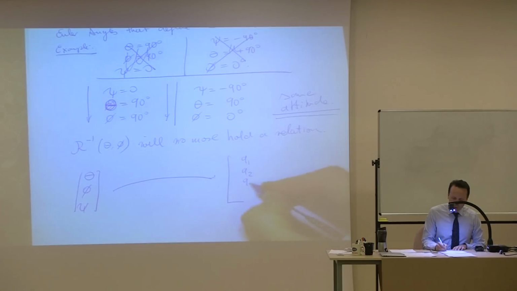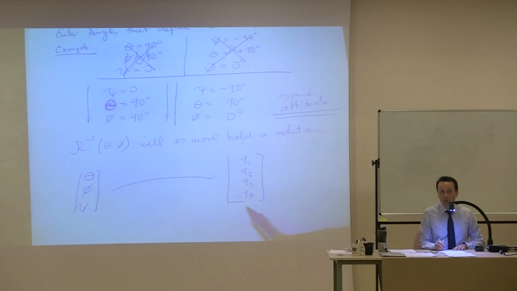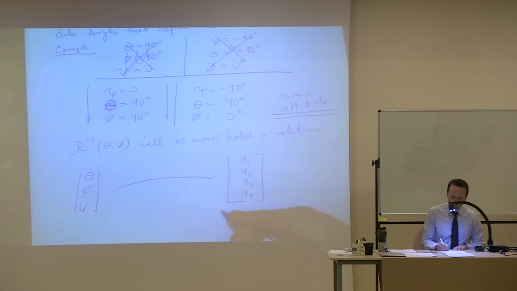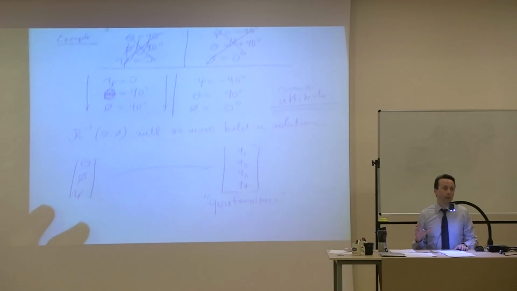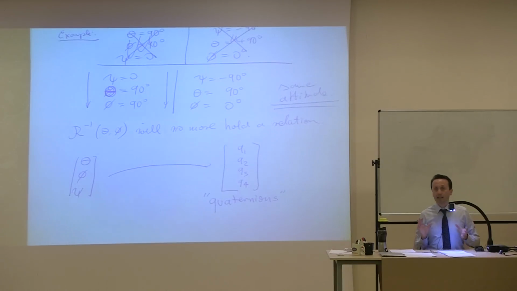We are increasing the number of variables going from here to here. These variables we call quaternions. And we make all our calculations in the world of quaternions. The world of quaternions is a mathematical transformation where this non-uniqueness does not exist anymore.